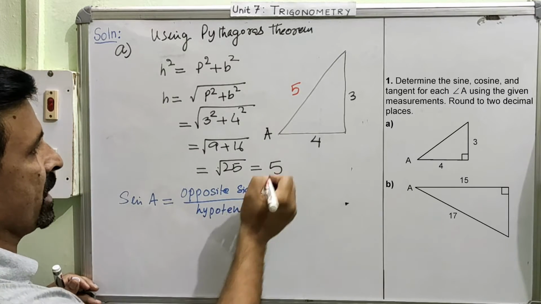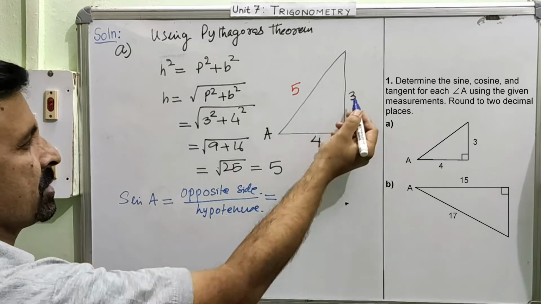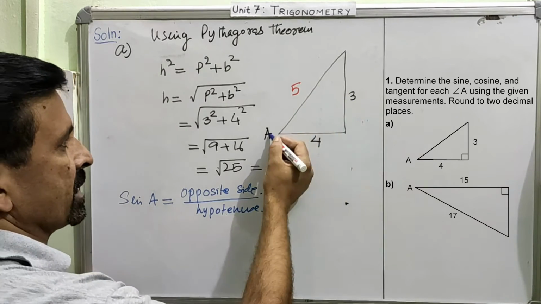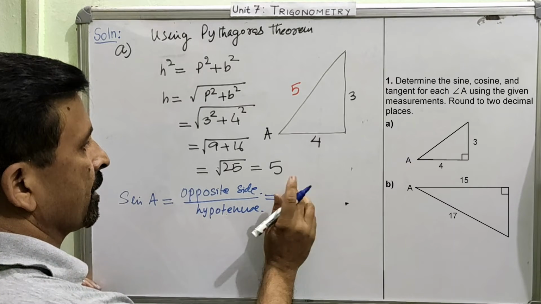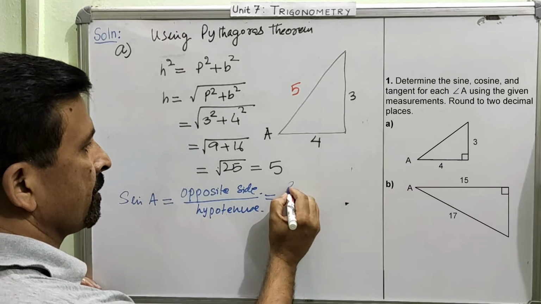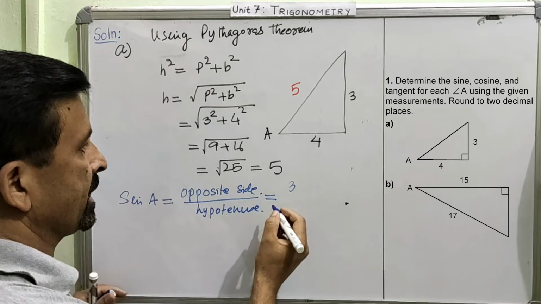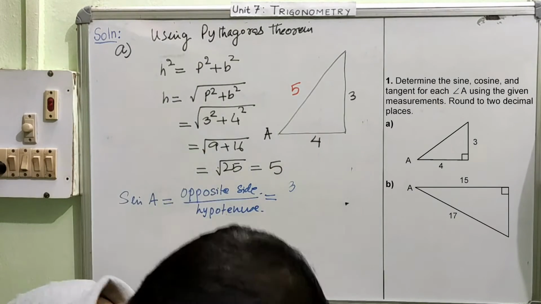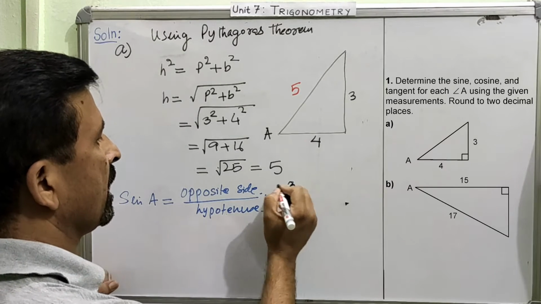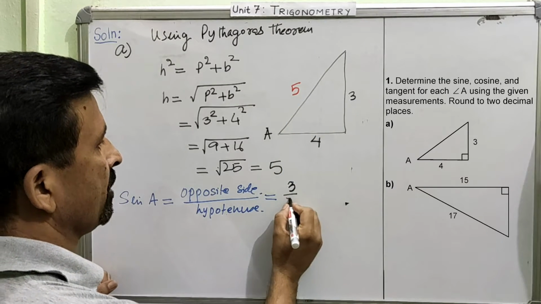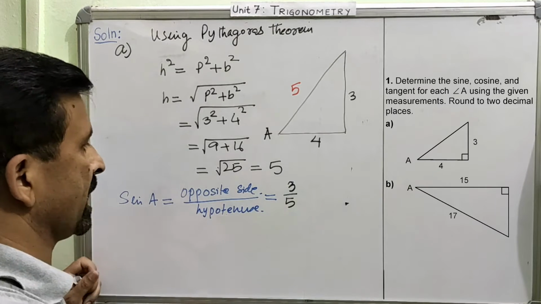If you know this, then you can easily take the values. The opposite side for this angle is 3, over the hypotenuse, that is 5. So this becomes the trigonometrical ratio of sine A.